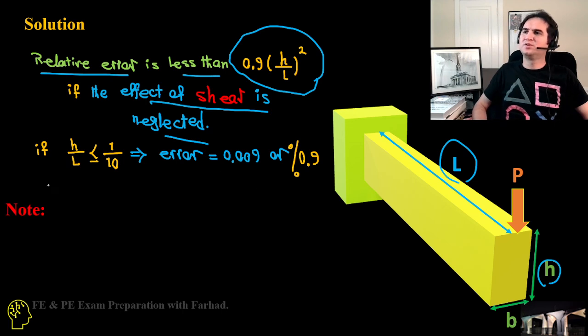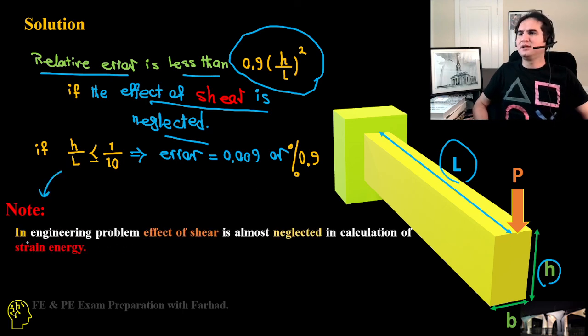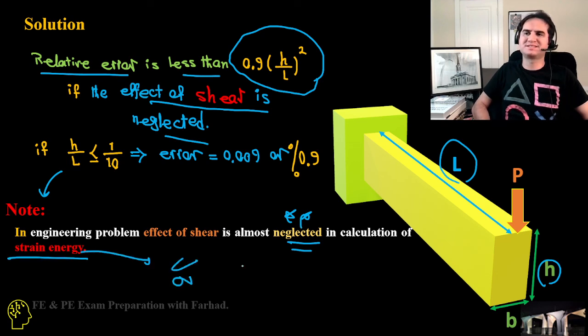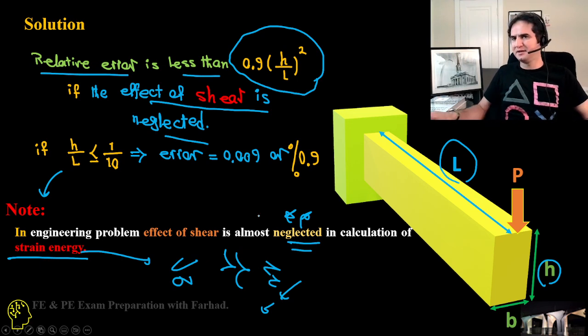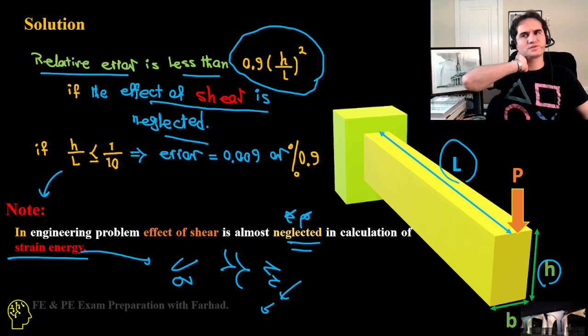That's why in engineering problems, the effect of shear is almost neglected in the calculation of strain energy. U sigma is far bigger than U tau in a rectangular cross section, and that's why most of the time we neglect the effect of shear in engineering problems.